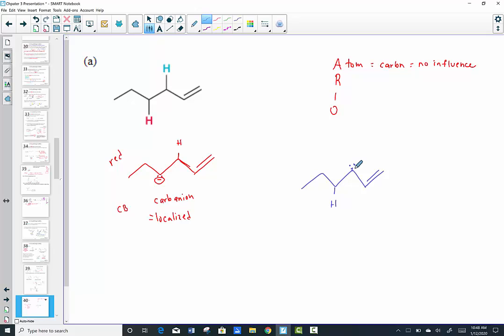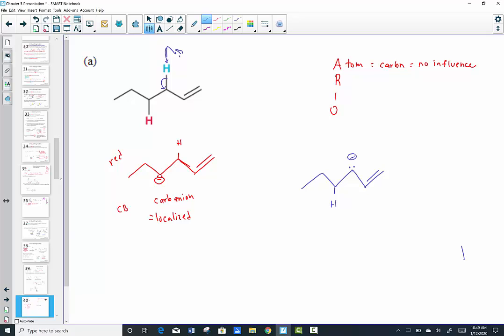The lone pair of electrons, when the hydrogen was abstracted by some base, the base pulls off this hydrogen and that bond collapses. And there's the dots now that are on that carbon. So now, does this have the ability to stabilize its electron charge by distributing it through multiple bonds? And clearly you see adjacent is a carbon that's involved in a pi bond, and that's a good thing for resonance. That makes these delocalized.